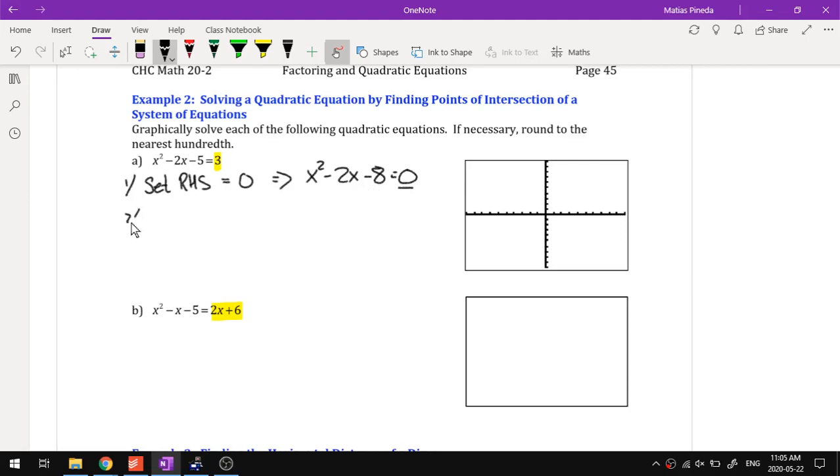The second approach would be to graph the left-hand side and the right-hand side separately. What does that mean? In our graphing calculator, we're going to graph the left-hand side as y1, and the right-hand side as y2.